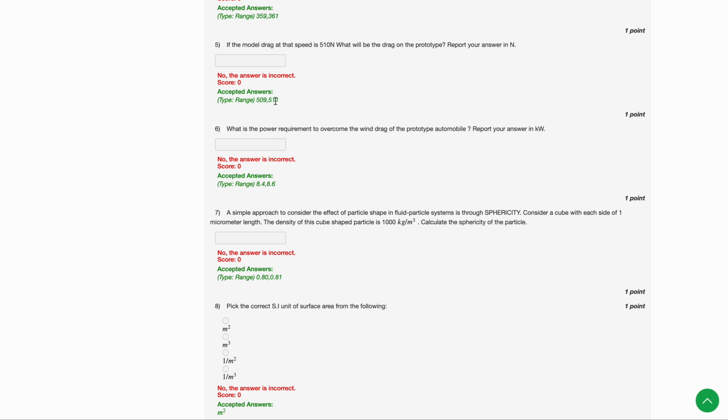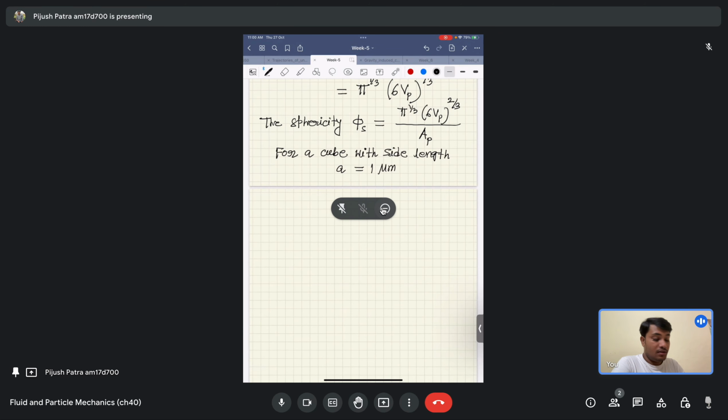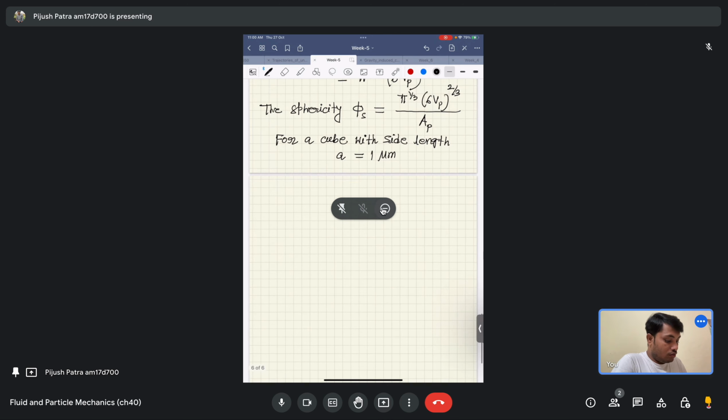So what is Vp and what is Ap? Vp is equal to a cube, which is 1 micrometer cube. Ap is equal to 6 a square, which is 6 micrometer square.